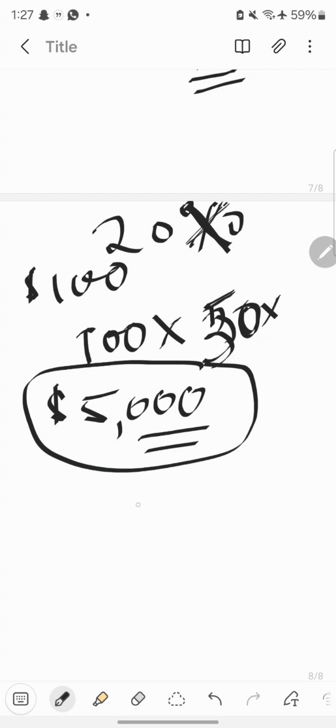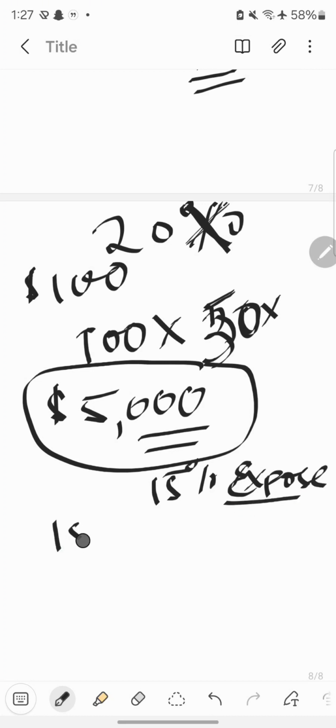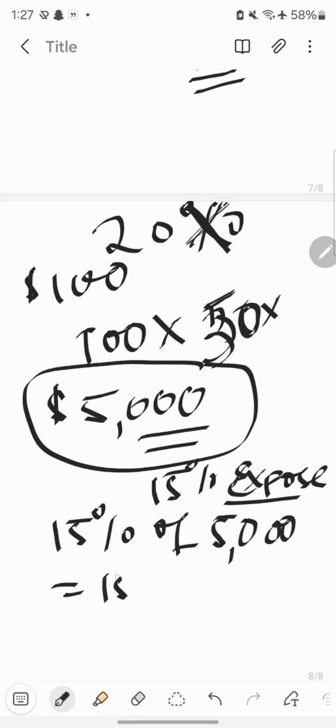So now how much are we going to expose? Let's say we are going to expose 15%. So 15% of 5,000 is equal to 15 divided by 100 times 5,000.